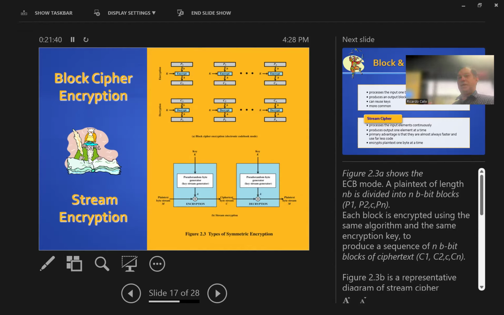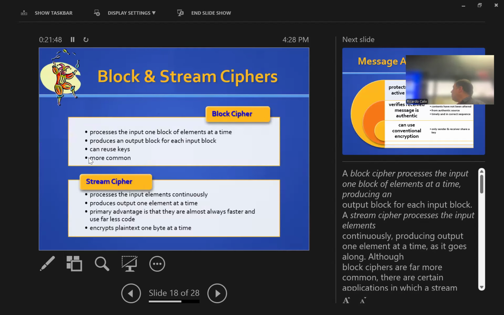Remember, that's also the difference between stream ciphers and block ciphers. Block ciphers process the input one block of elements at a time, produce an output block for each input, and can reuse keys.